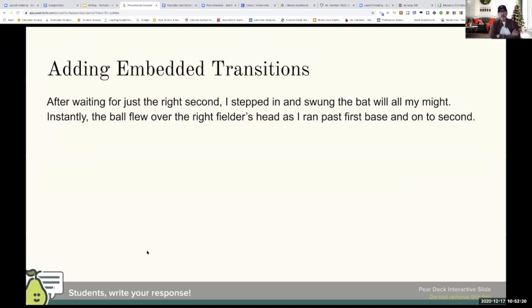Again, we're looking for words or phrases that indicate time, moving forward in time, orienting us in time.